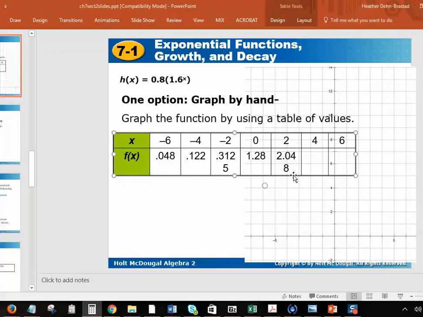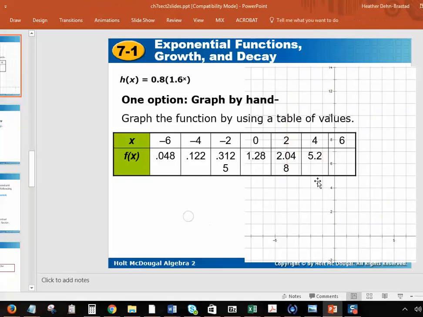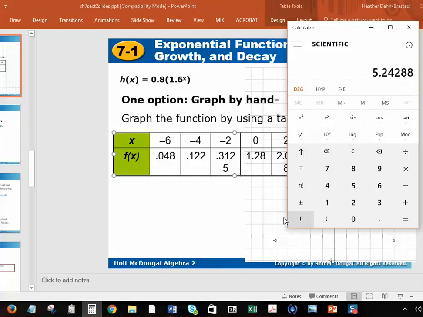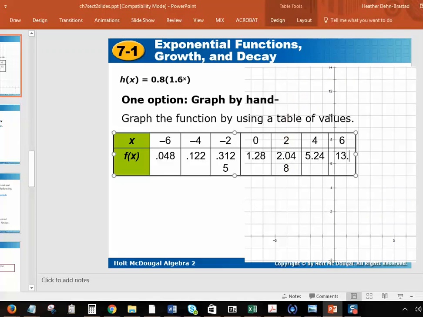Multiplying by a number less than 1, the 0.8, also is keeping it from growing too quickly. And then I'll do one more and see what we get. So 1.6 to the 6th power times 0.8, 13.42. Okay, now we will graph these by hand.